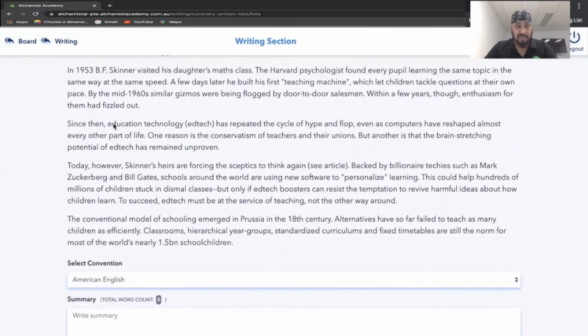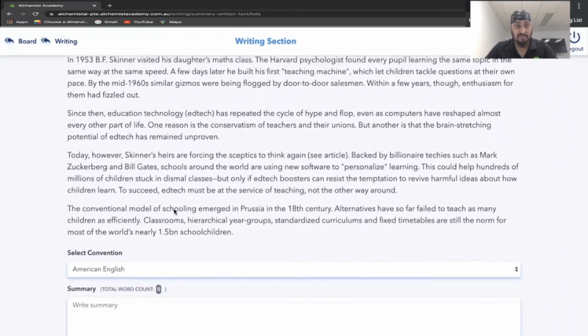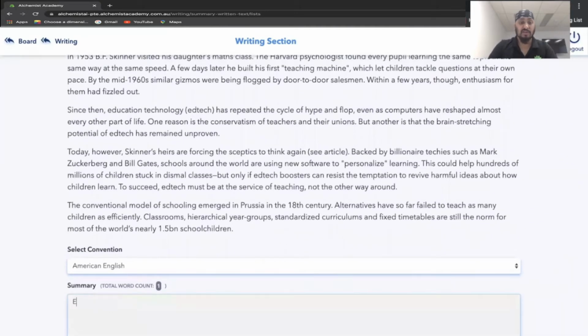So let's look at this one. Education technology has repeated the cycle of hype and flop, even as computers have reshaped almost every other aspect of life. Let's just write this down. Education technology has repeated the cycle of hype and flop. Okay, why have they repeated the cycle of hype and flop?